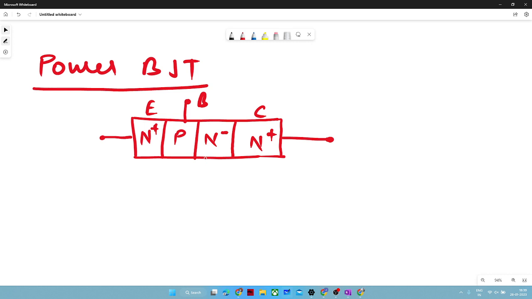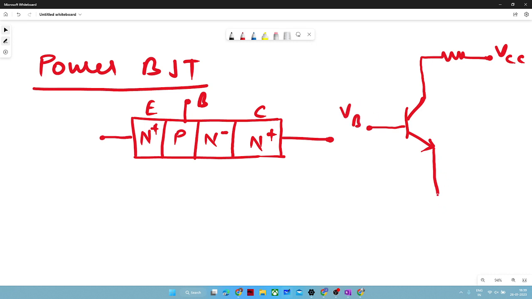So let me also draw a BJT. So this is VCC, VEB, and this is the emitter terminal.